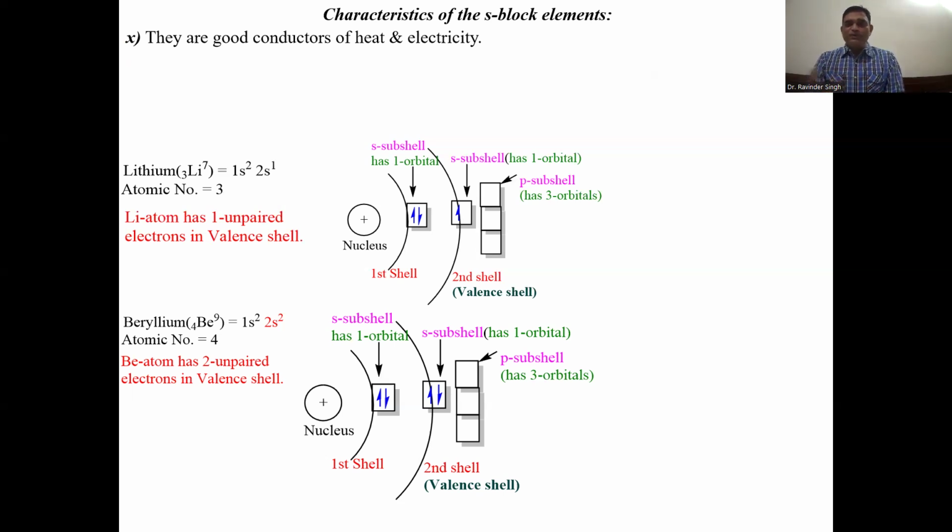So these group 1 and group 2 elements are metals, because after losing electrons, the remaining positive part is the kernel, and their lattice also contains free electrons. There is attraction between the positive kernels and the free electrons, and that attraction is called the metallic bond. It is not unidirectional, it is multidirectional, non-directional in nature.